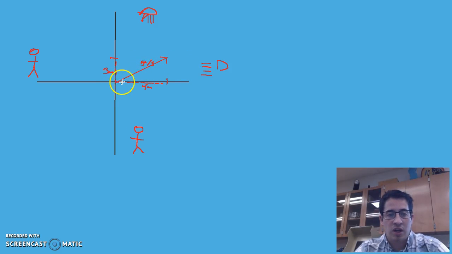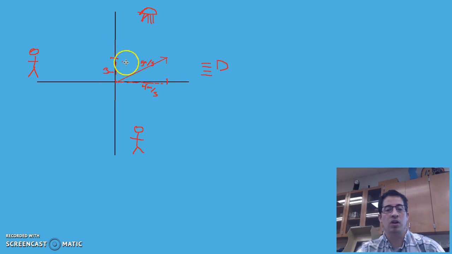Well, if this person is watching it move across, it doesn't look to them like it moves 5 meters, it looks like it moved 4 meters. So this person sees it as if it moved 4 meters per second. The shadow is going to move across this horizontal axis at a speed of 4 meters per second. So even though the object's going 5 meters per second, the shadow is moving 4 meters per second.